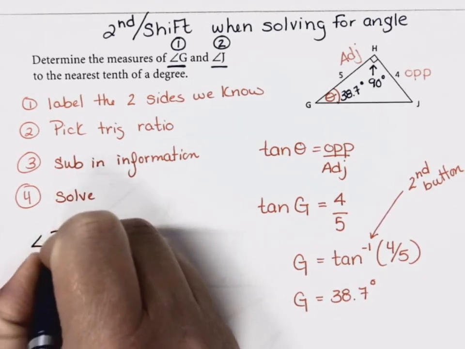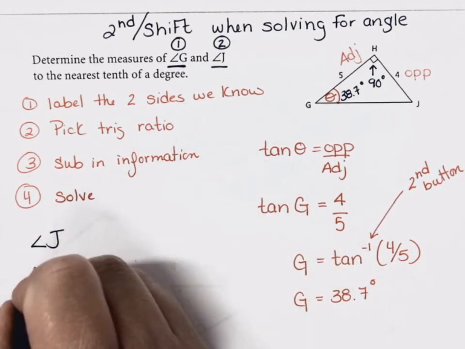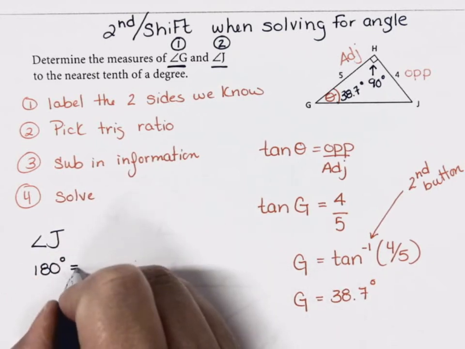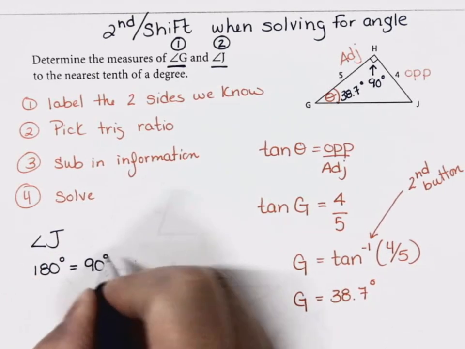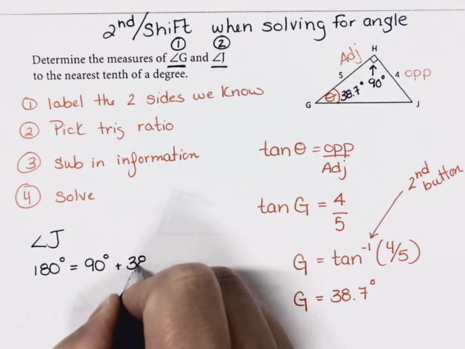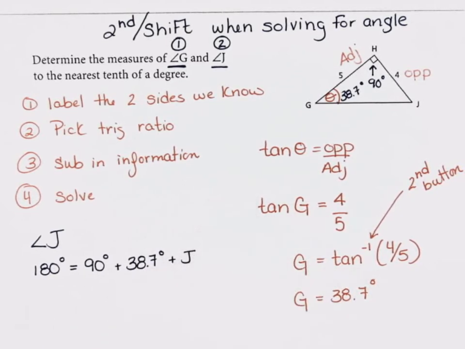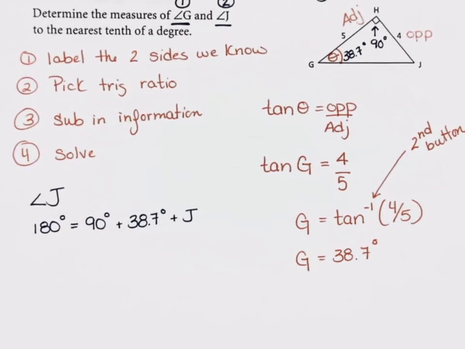Can we do the math there? So angle J, so we have 180 degrees is equal to 90 plus 38.7 plus angle J. So we just add those.